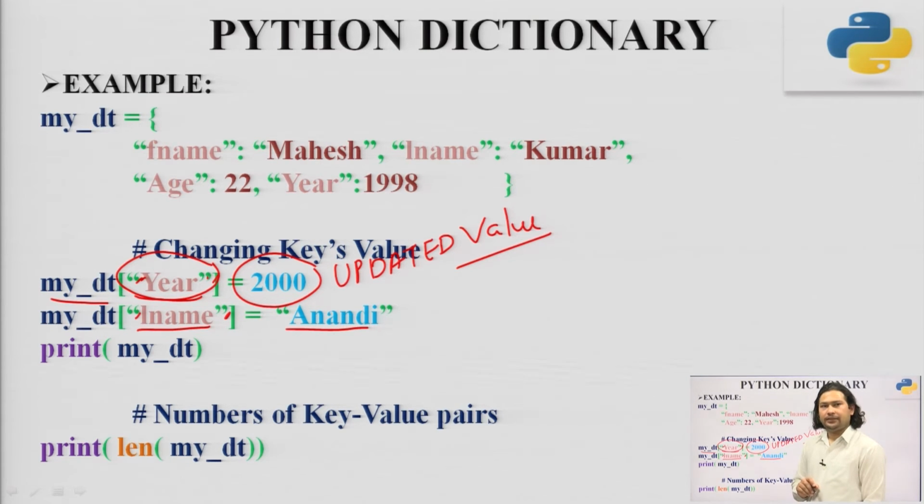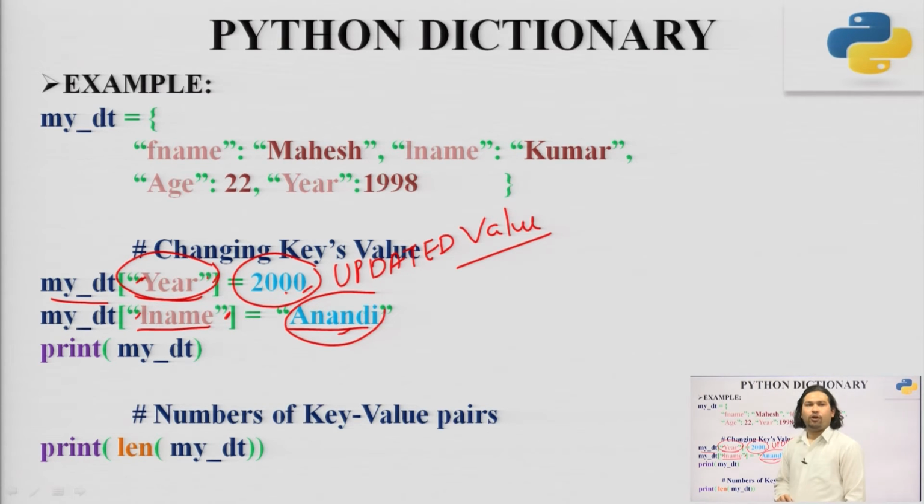The second thing is, now these keys hold the values 2000 or Anandi, which are of data type integer or string. You can put other data types like list, set, dictionary, or even a variable. That means variables can be put in the values, but cannot be put inside the key format.